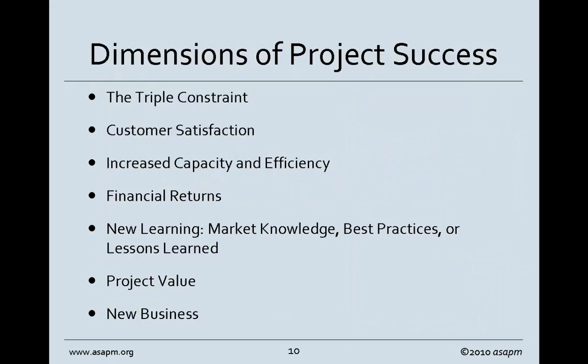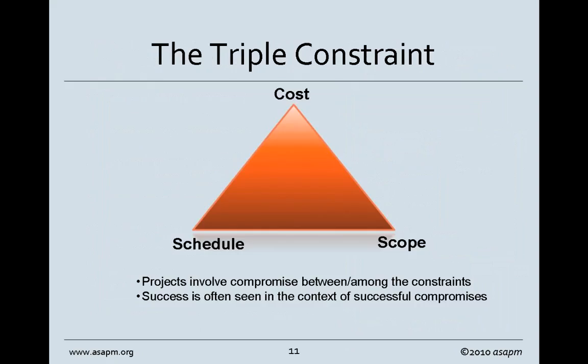Having done a lot of work with Dr. Harold Kerzner and a bunch of other professionals and authors of books on project management, I've come to learn that project success is much more than just a triple constraint. And the one thought that I subscribe to is that success is in the eye of the beholder.